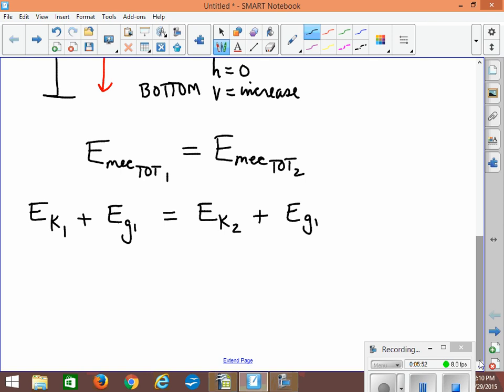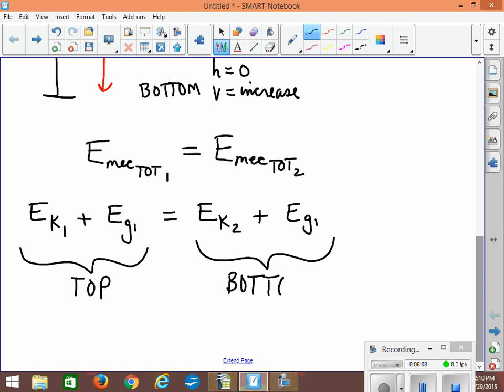What will change are the amounts of the individual kinetic and gravitational energy, but the totals will be the same. So we're describing this side as the top, where the ball is beginning to drop, and we're describing this side, the bottom, where the ball is just about to hit the ground. Just about to hit the ground, moving quite quickly.